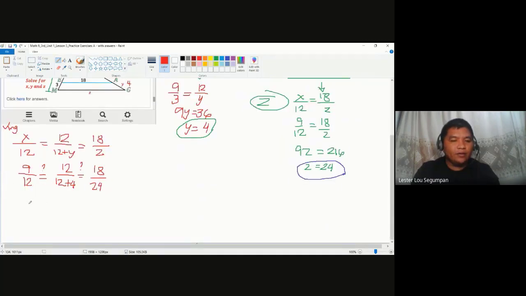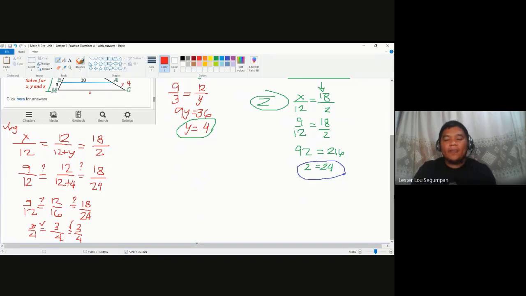So you have 9 over 12, question mark, 12 over 16, question mark, 18 over 24. 9 over 12 in lowest terms is 3/4. This is also 3/4 by 4, and also 3/4 by 6. That means the values for x, y, and z satisfy the two triangles.